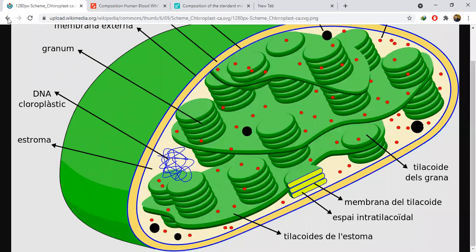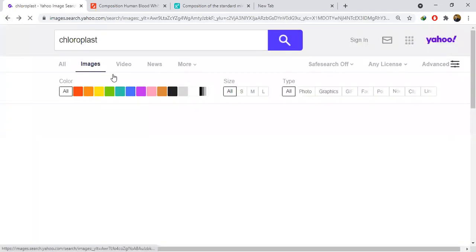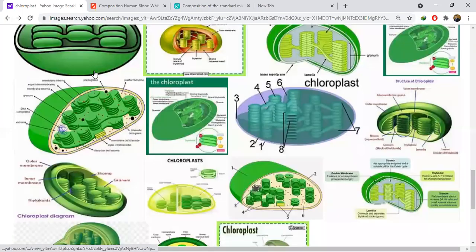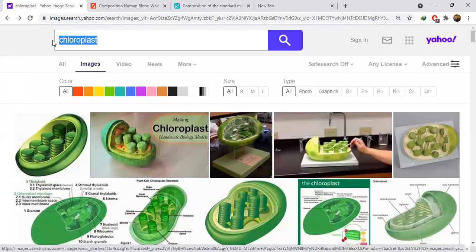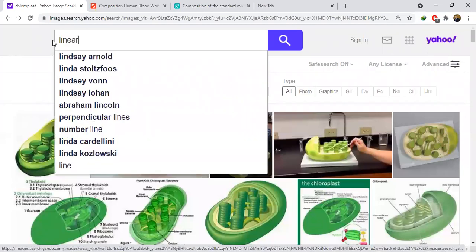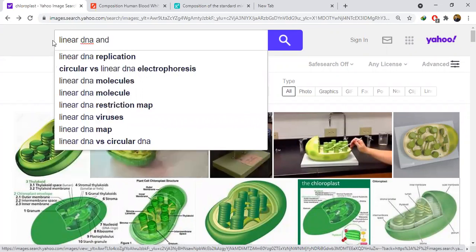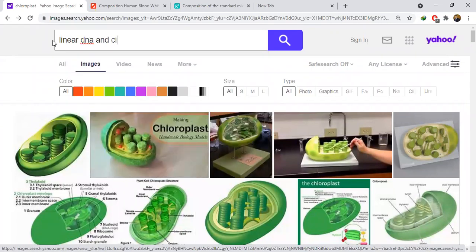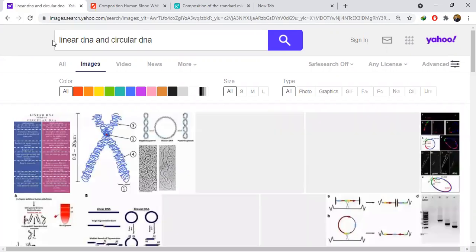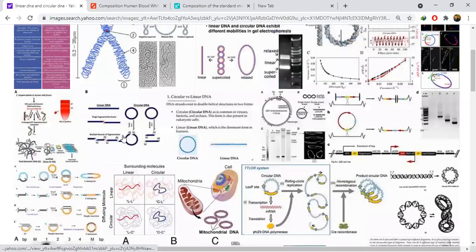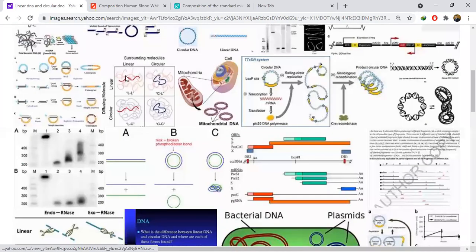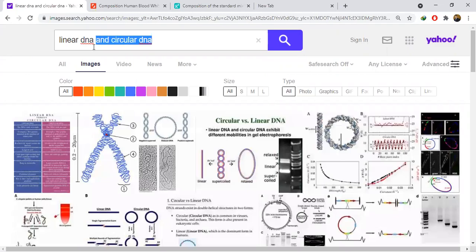Okay? But DNA in our nucleus is linear DNA. Linear DNA means not closing. Here is the difference.